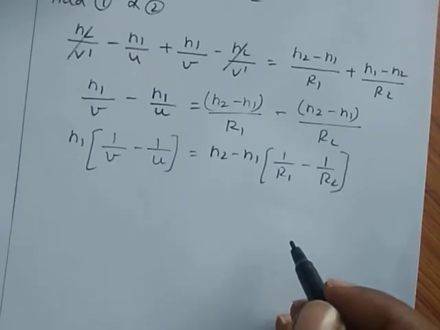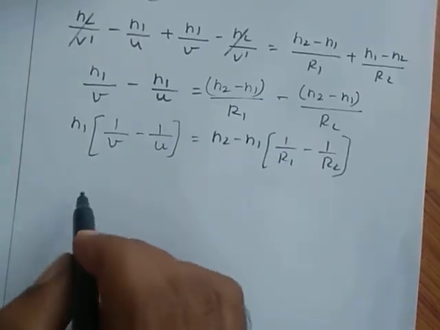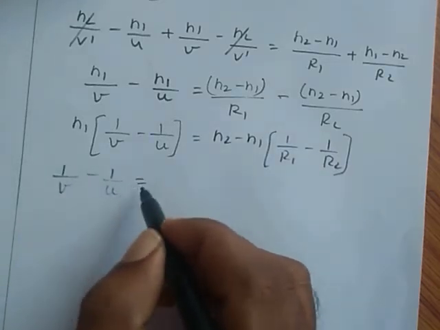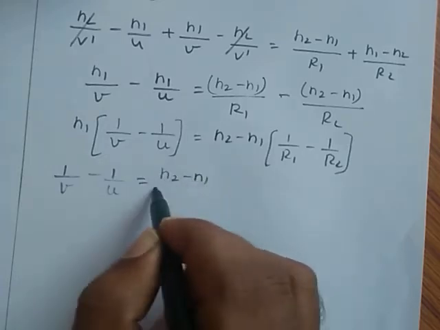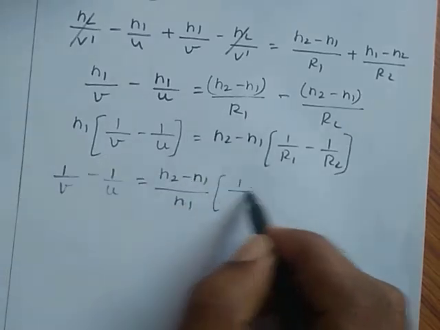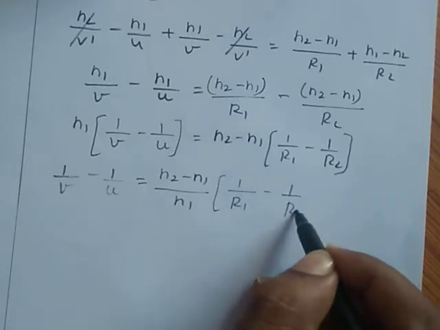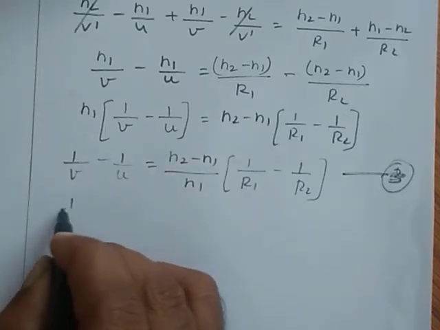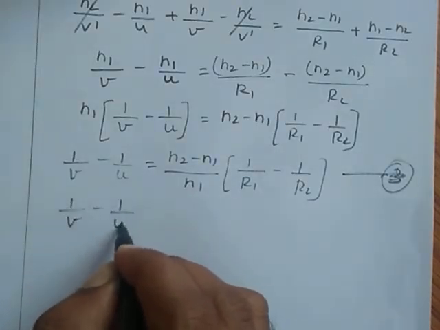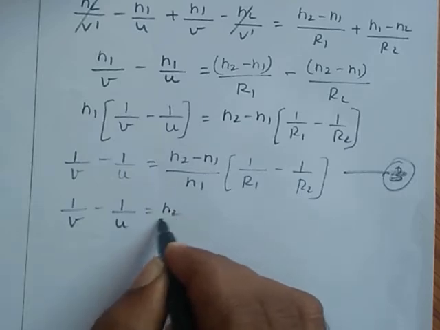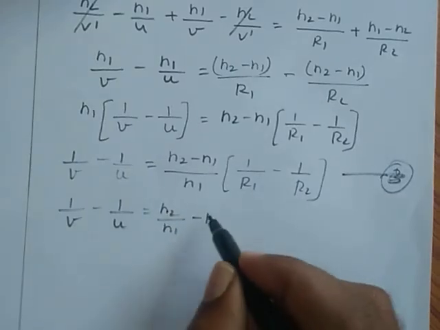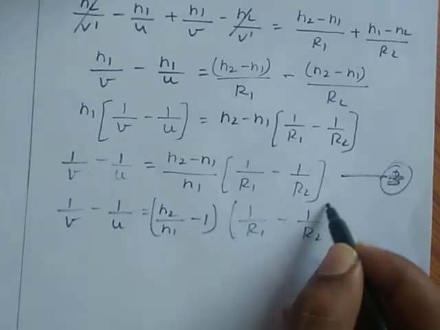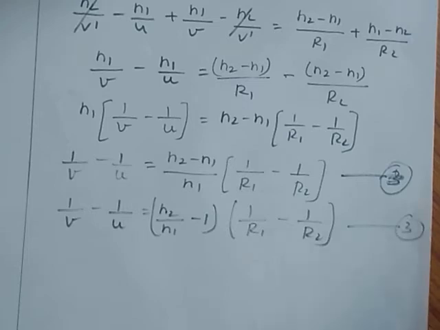Solving again, we get 1 by v minus 1 by u equals (n2 by n1 minus 1) times (1 by r1 minus 1 by r2). This is equation 3.